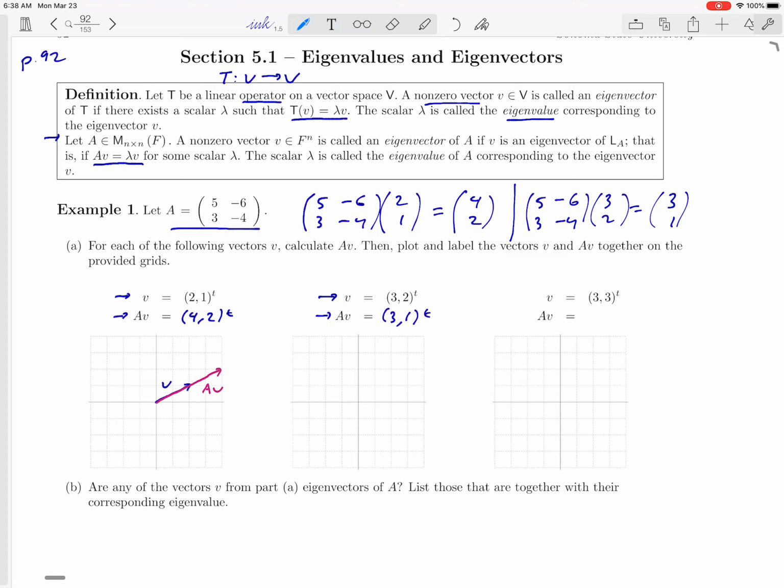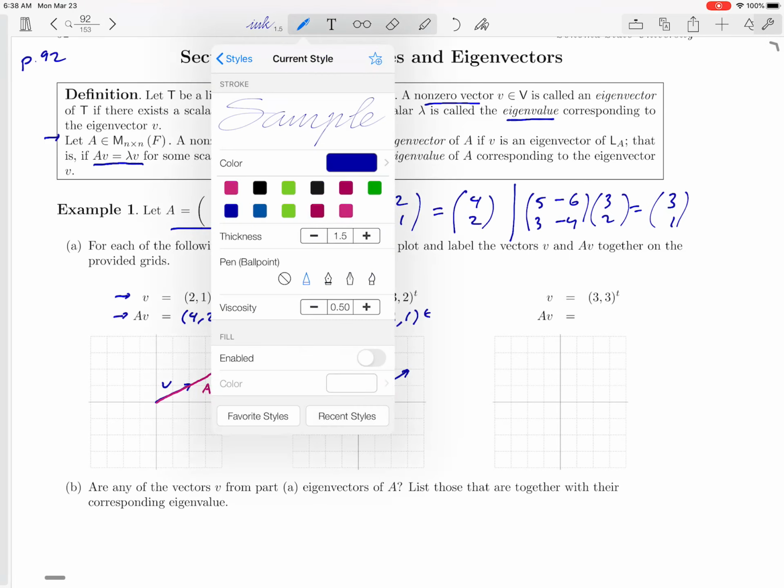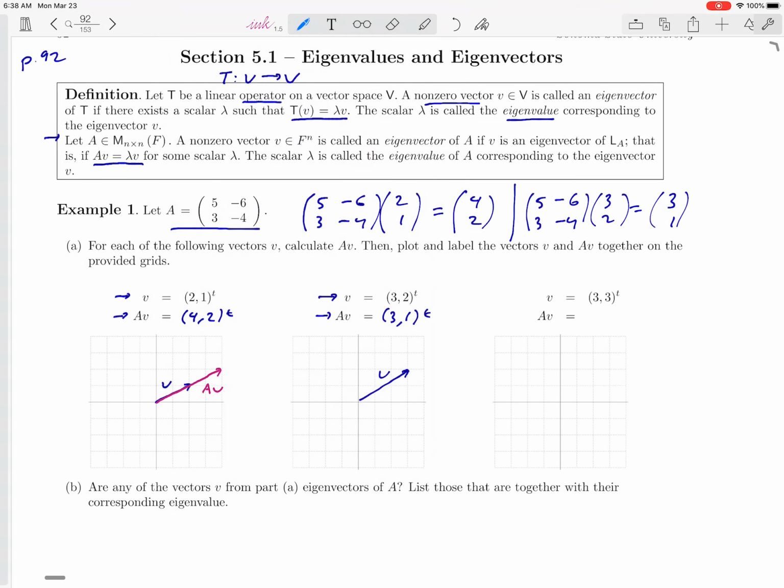So we're going to get (3, 1) out of that. If you plot the two vectors this time, (3, 2) looks like this, so there's v. Then (3, 1) is just down here a little bit farther. There's Av.